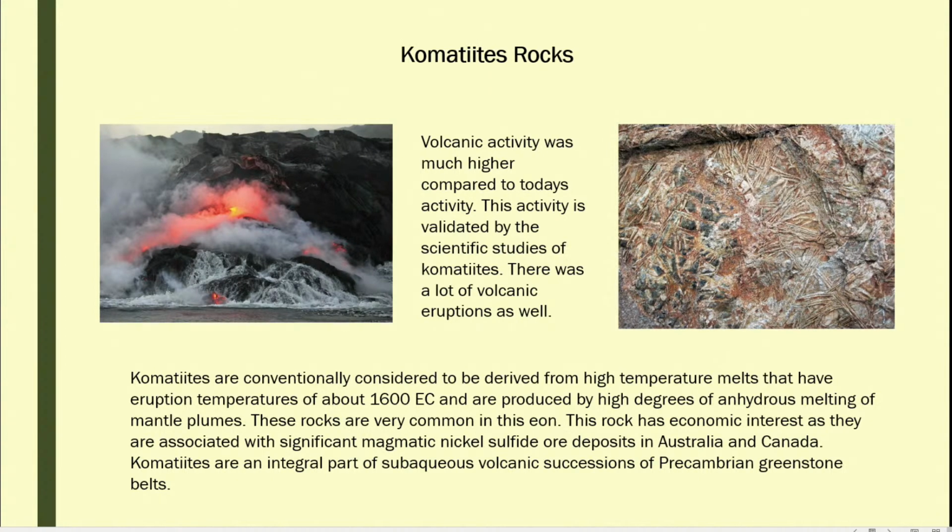This rock has economic interest as they are associated with the significant magmatic nickel sulfide ore deposits in Australia and Canada. Komatiites are an integral part of the subaqueous volcanic successions of the Precambrian greenstone belts.